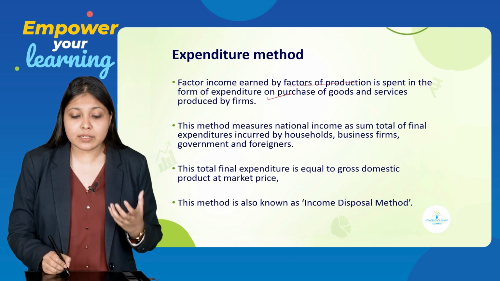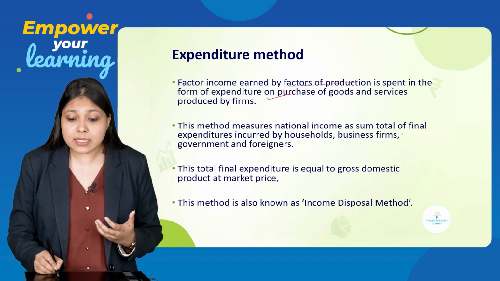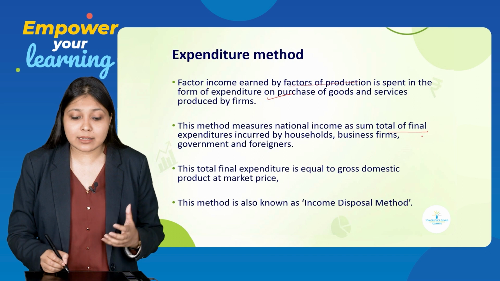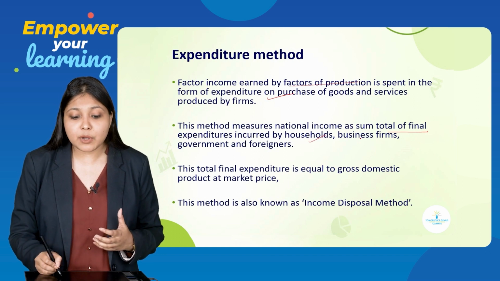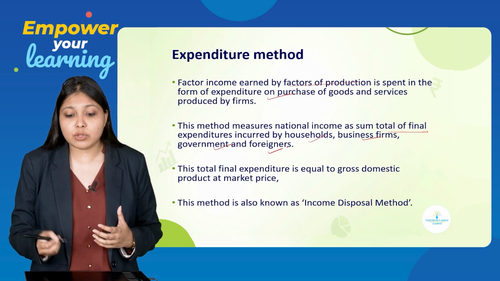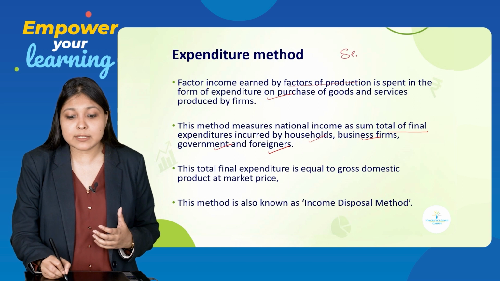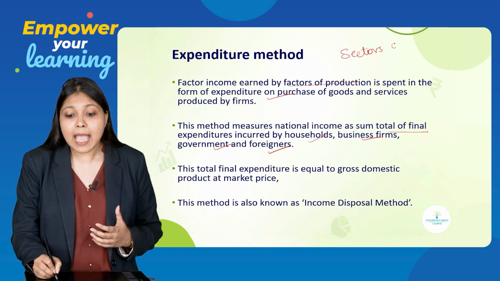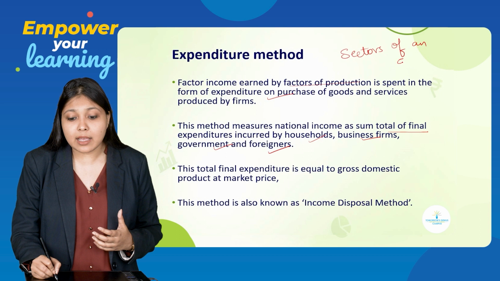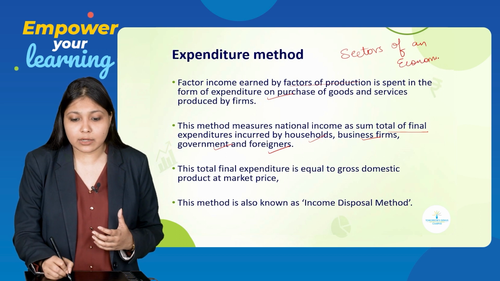In this method, national income is the sum total of final expenditure incurred by households, business firms, government and foreigners. If you remember, we talked about sectors of an economy, and I had already said that there are 4 sectors in an economy.